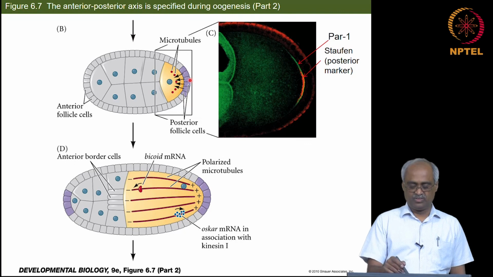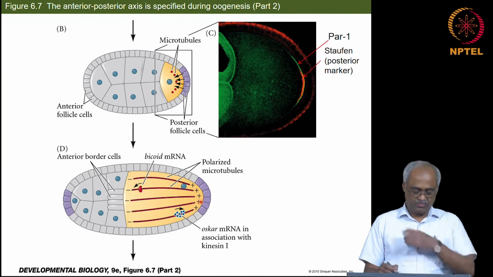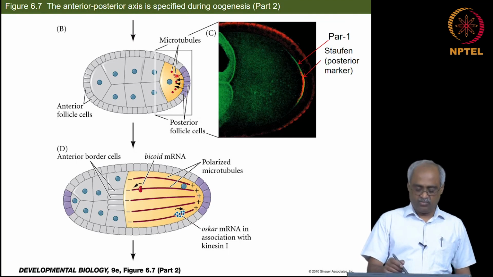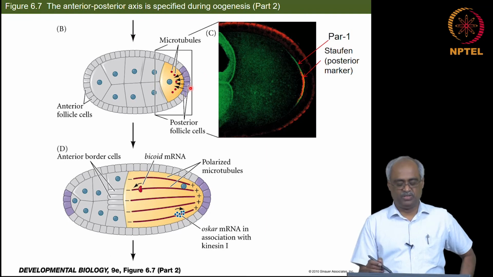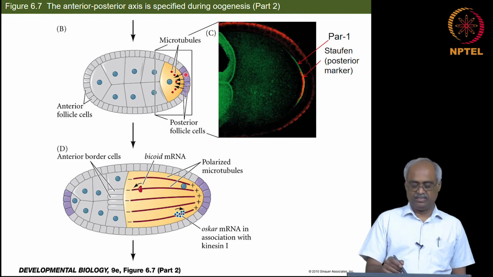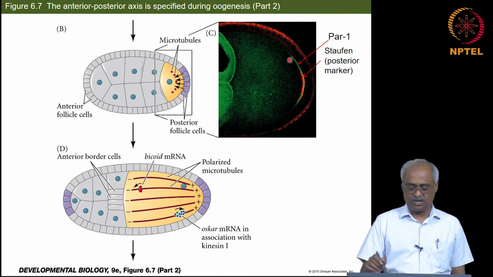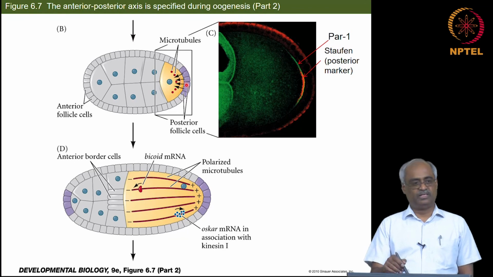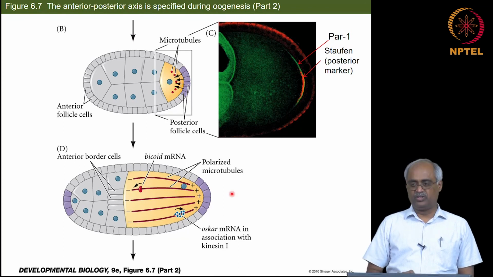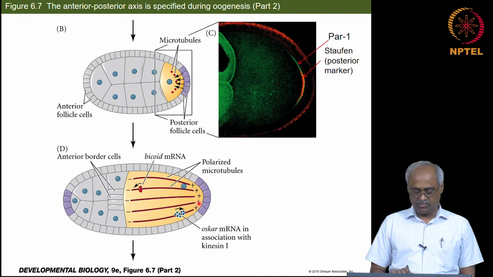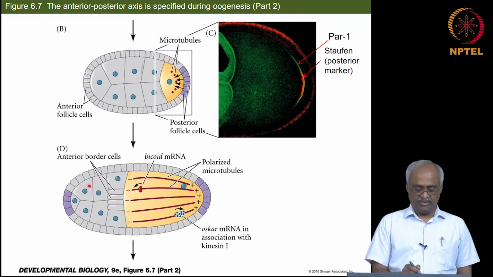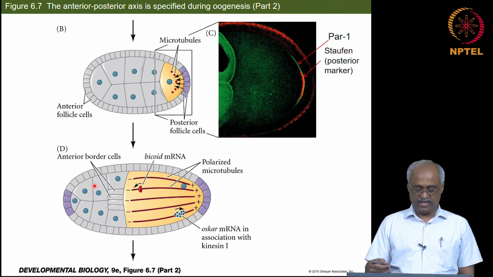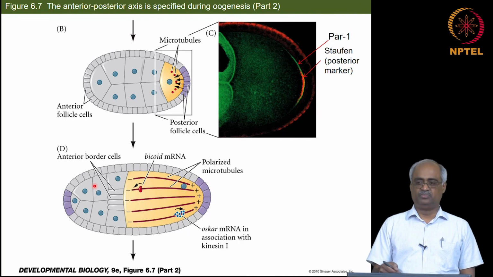And as a result of those microtubules, you have this bicoid and Oscar asymmetric localization. One of the things that reinforces this microtubule formation, also as a result of the terminal follicle signaling, is the PAR protein, PAR1 localizing to the posterior, and that PAR1 localization again reinforces this microtubule orientation, and that microtubule orientation is critical for bicoid going to the anterior and Oscar going to the posterior, and the rest of the anterior-posterior patterning is a consequence of these two.